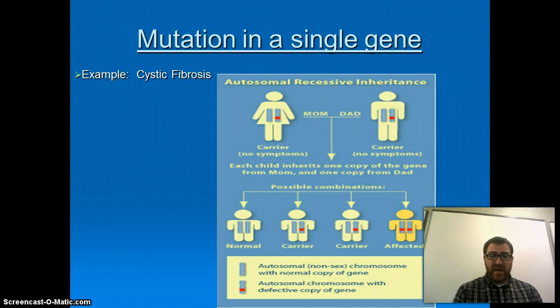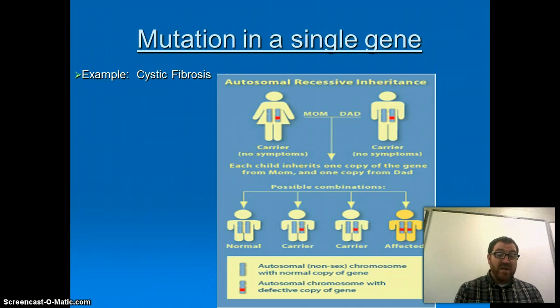Combinations, if you take a look, 1 in 4 of those kids has the possibility of being affected, which, if you're talking probability, is about a 25% chance. Now, the only way for a person to be affected by cystic fibrosis in this case would be for mom and dad to both donate that recessive allele to their child.